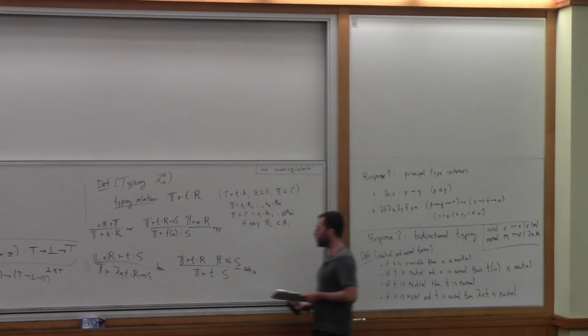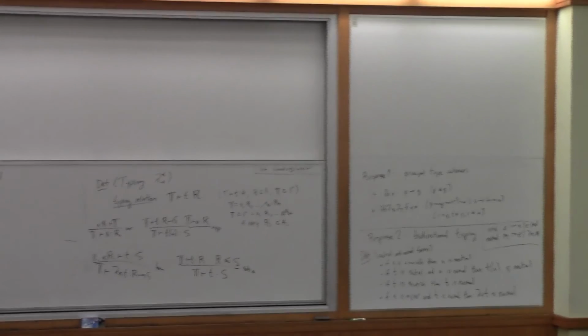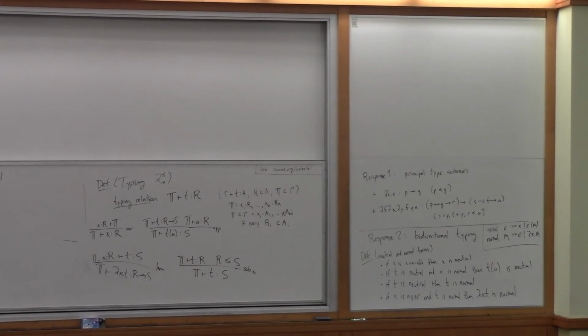That's the classical definition of neutral and normal terms. The motivation for the definition is that if M is normal, then it's beta normal. It has no beta redexes. You can just look at the definition and see that it enforces syntactically that there are no beta redexes.